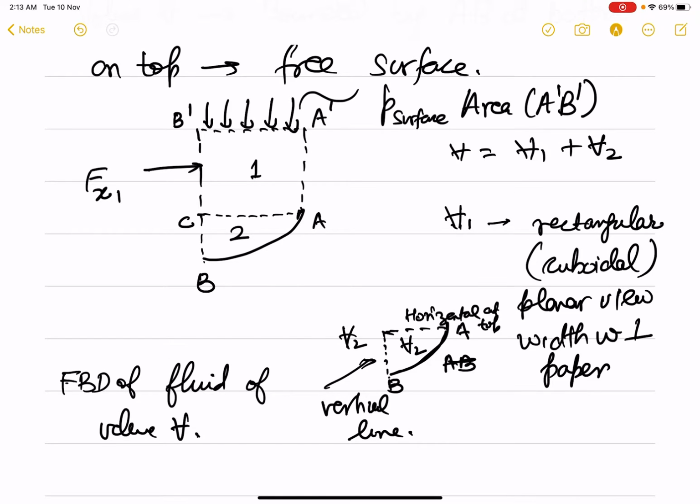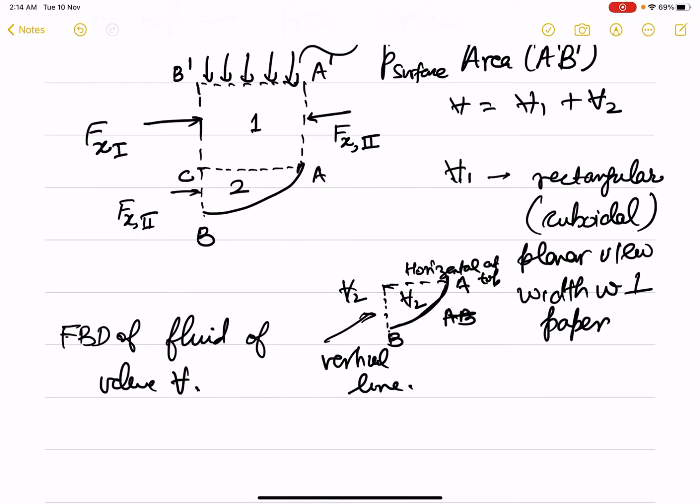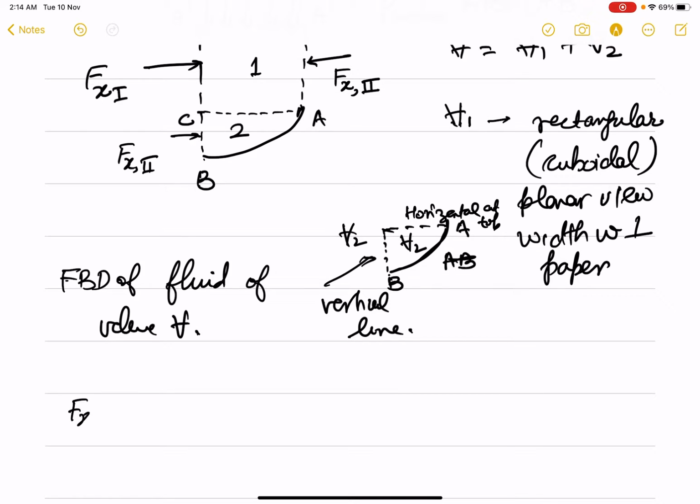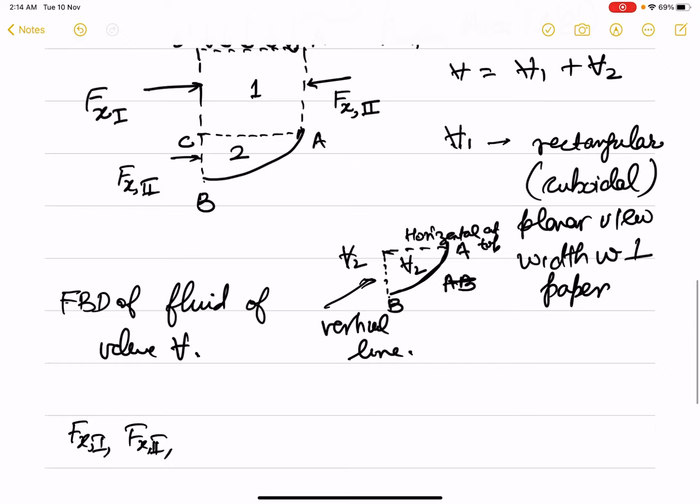So we have here Fx, let's call it 1. On surface A prime, we will have Fx2, and on BC, we will have Fx2, and because this is a vertical surface, so now first I have shown Fx1, Fx2, let's call this just as Fx and Fx.